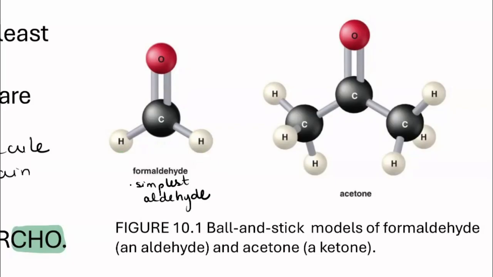Next, we have acetone. Acetone is the simplest ketone because our carbonyl group has a carbon with three hydrogens on both sides of the carbonyl.